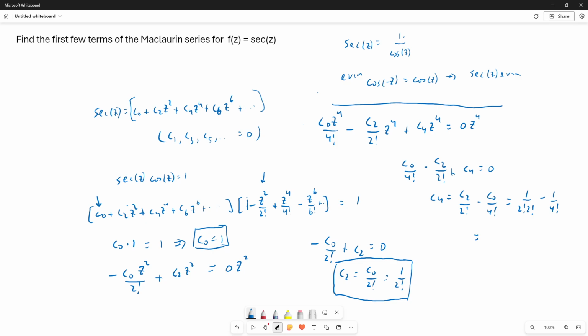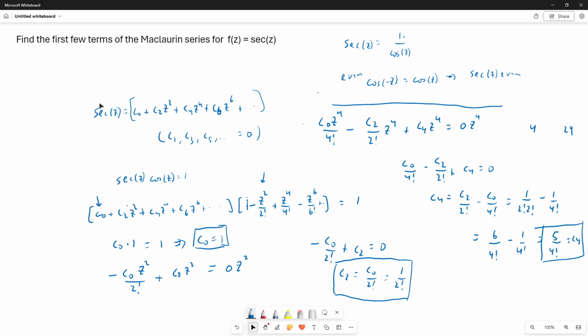And we need a common denominator here. 2 factorial times 2 factorial is 4. 4 factorial is 24. So we have to multiply the first fraction by 6 over 6 to get the 4 factorial on the bottom. So we get 5 over 4 factorial. This is C4. C4 is 5 over 4 factorial.